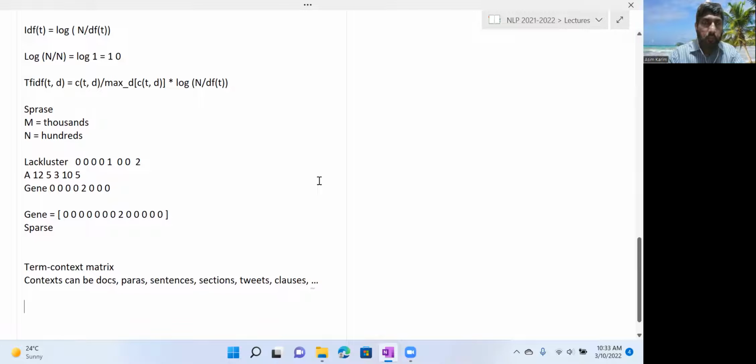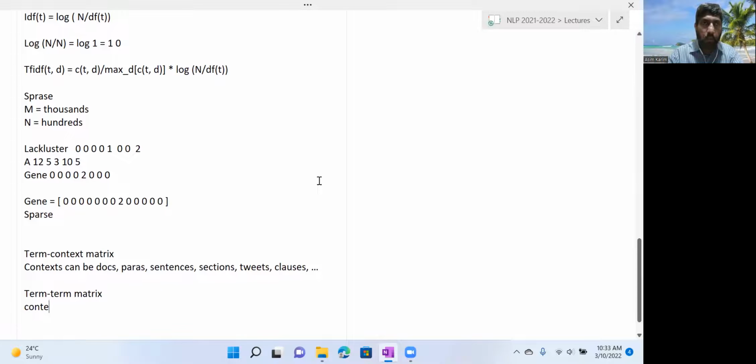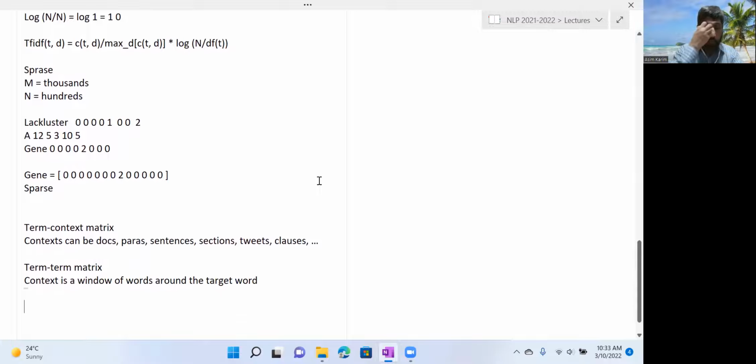We can generalize this to a term-term matrix, in which the context is a window of words around the target word. For example, let's say I have the sentence, Lahore University of Management.